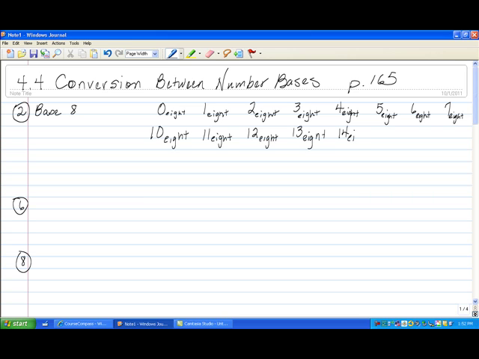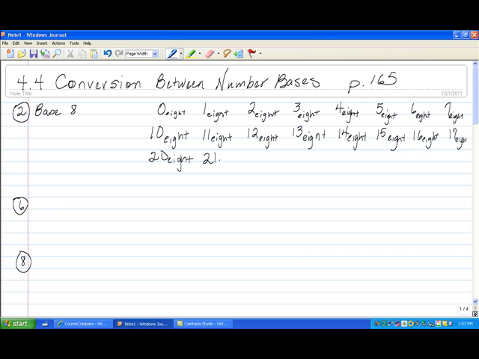Now I usually just, once I see what's happening, I go ahead and fill them in. I check them when I move to a new row to see if it makes sense. Okay, we have 1 eight and 7 ones, so that would be 15. 16 would be 2 eights and 0 ones. So this is 16.